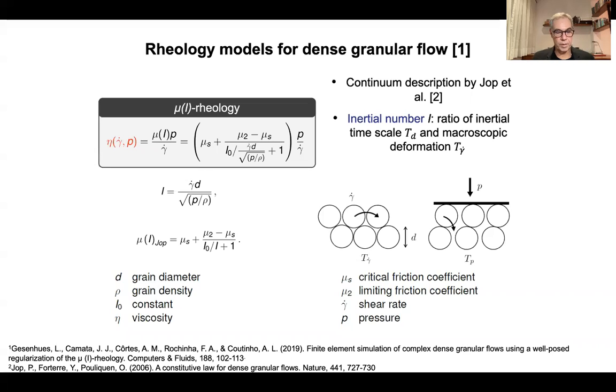You can see the reference below by Jop, Forterre, and Pouliquen. That basically says that your apparent viscosity now depends not only on the pressure, but on the shear rate, and the viscosity depends on this I, which is the inertial number, which is basically the ratio of the inertial time scale to the macroscopic deformation time scale.